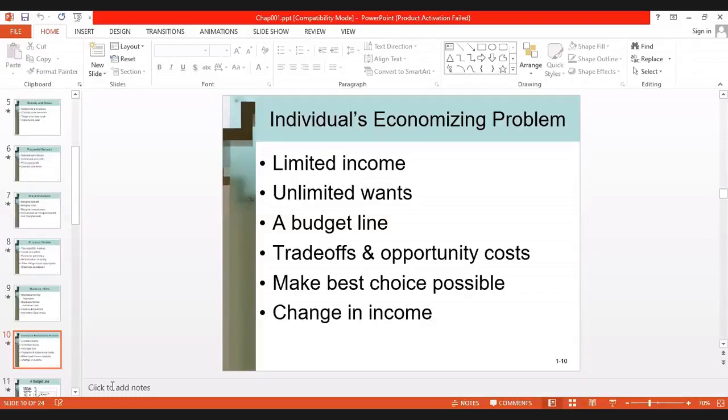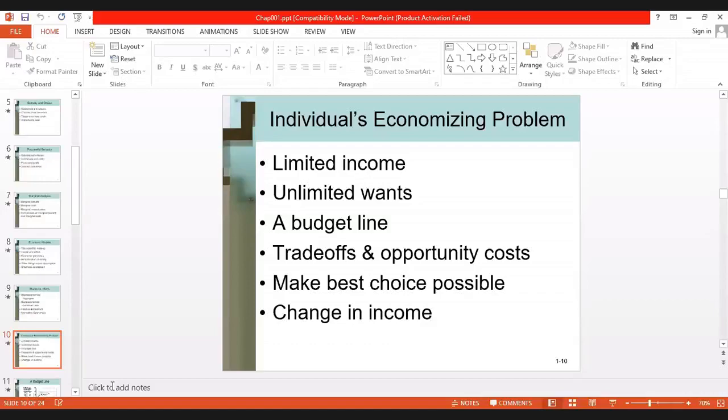To simply show this limit, the budget constraint, we will assume only two goods are available. We can buy only two goods, and a certain income and the prices of these two goods are given. We can show that constraint by the budget line.